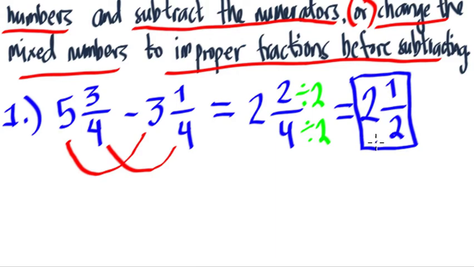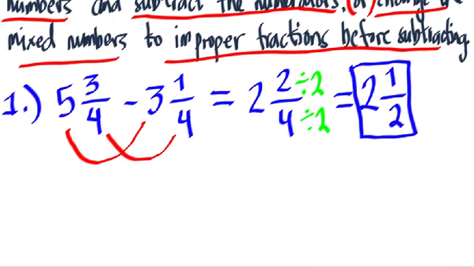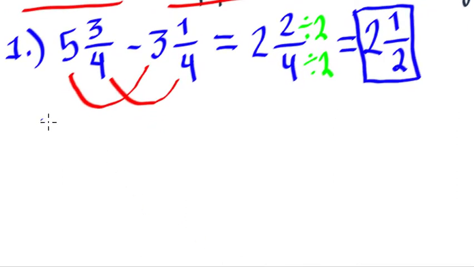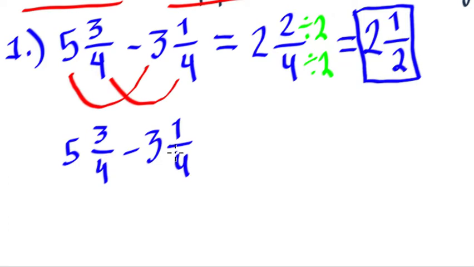Okay, just to let you know, there's another way of answering this. If you have some trouble subtracting mixed numbers, this is the way. Let me write this again: 5 3/4 minus 3 1/4. We can first change both of these numbers into improper forms before we do the subtraction.